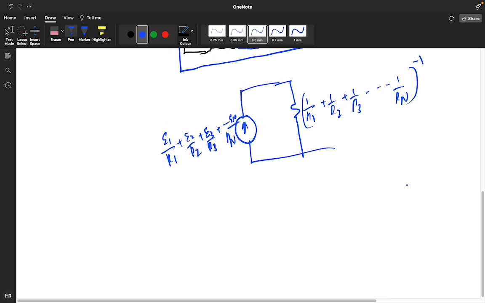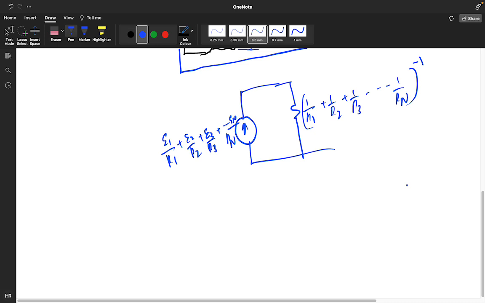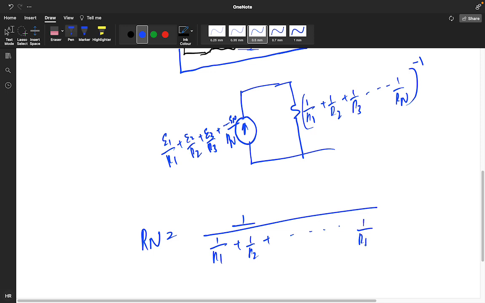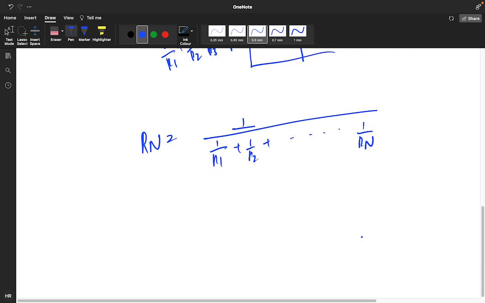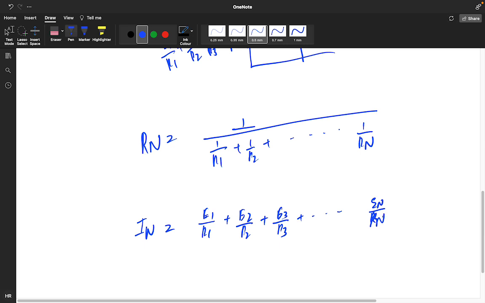So what is the Rn value you are getting? 1 divided by 1 by R1 plus 1 by R2 plus dot dot dot 1 by Rn. And what is the In value you are getting? E1 by R1 plus E2 by R2 plus E3 by R3 plus dot dot dot En by Rn.